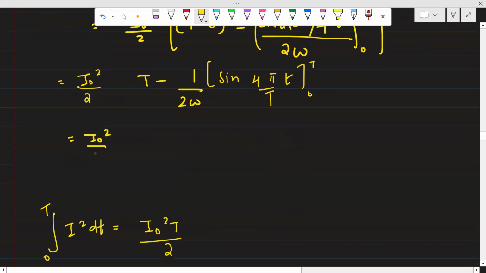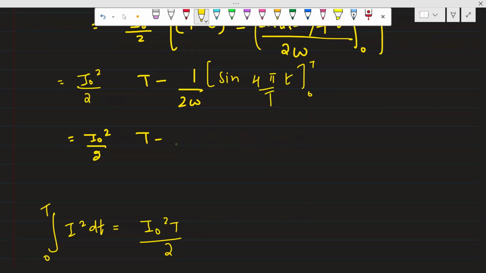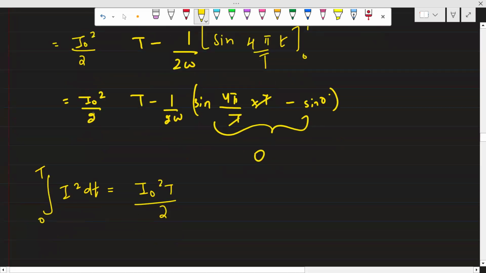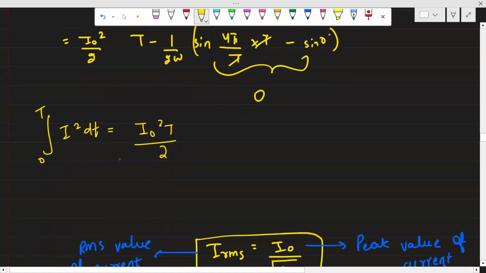I naught square by 2 into T minus 1 by 2 omega, this part is sine 4 pi by T into T minus sine 0 degree. Now sine 0 is already 0, class, but sine 4 pi is also 0. So this term will be 0. Only I naught square into T by 2 will be left.